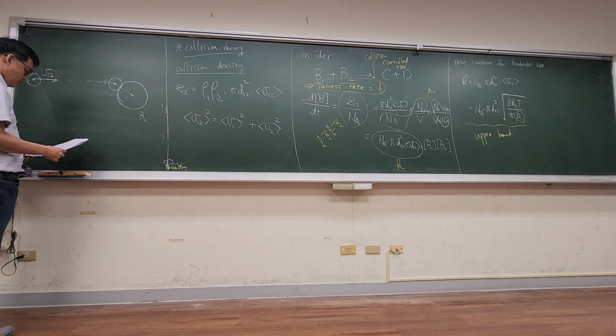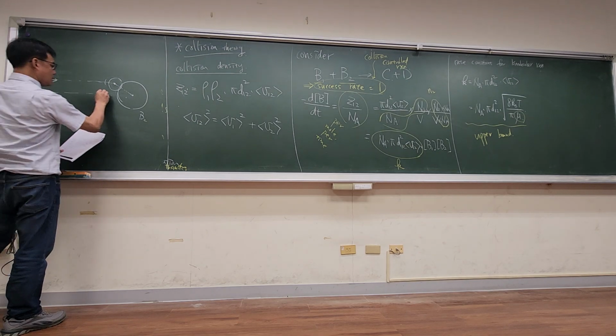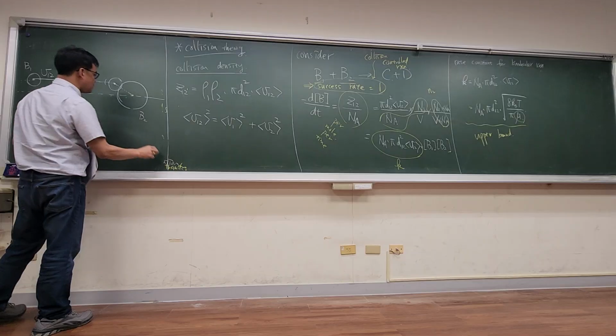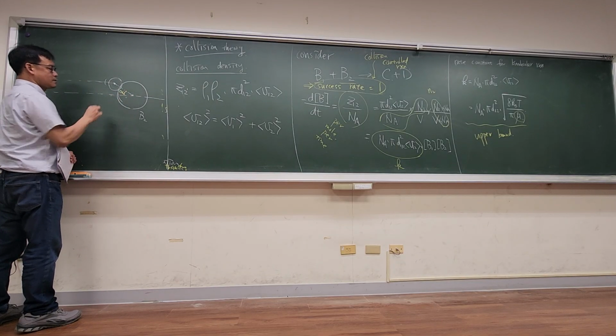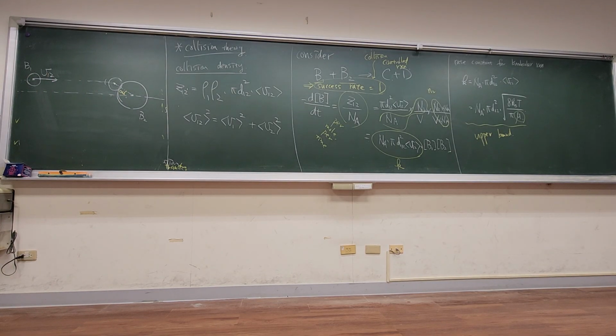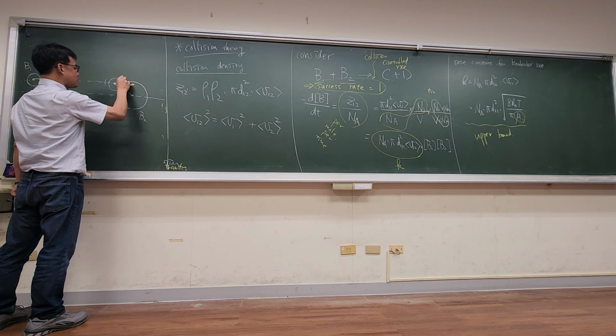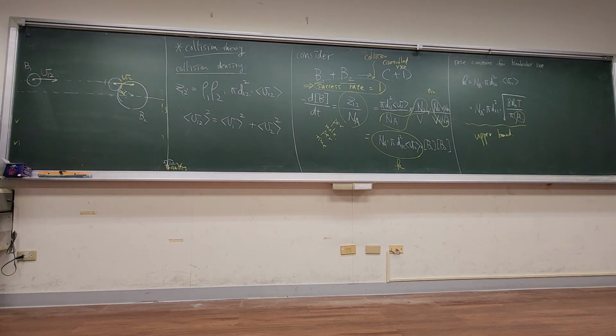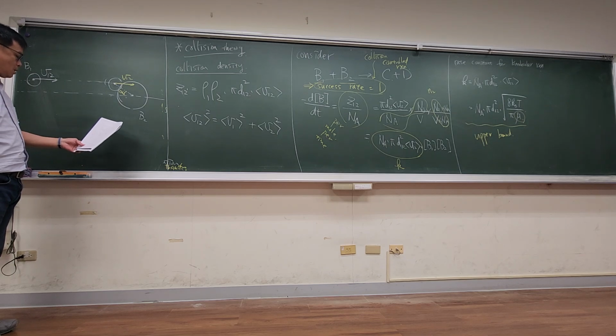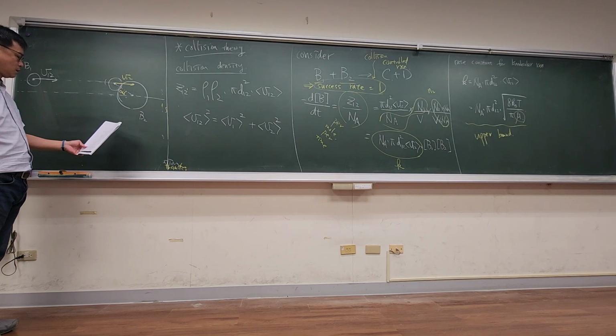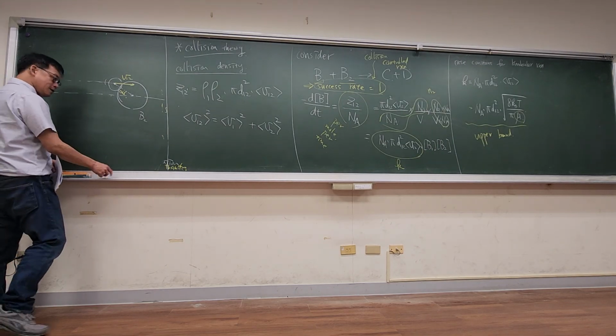Let's define a few things. Let's define this angle as alpha. So when they collide, we still have this v12 along this direction. But this v12 must be divided into two components.